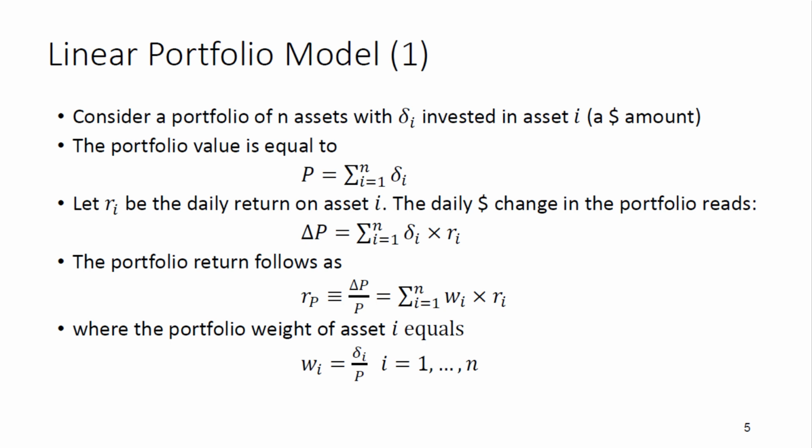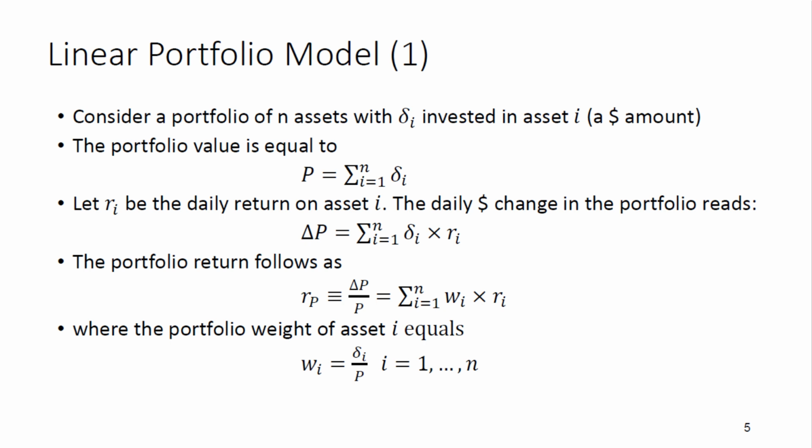Once I have the change in portfolio value, which is a dollar amount, I can normalize it by dividing delta P by P, which gives me the return on the portfolio, which I denote with RP. It is simply the weighted sum of the returns on the assets.